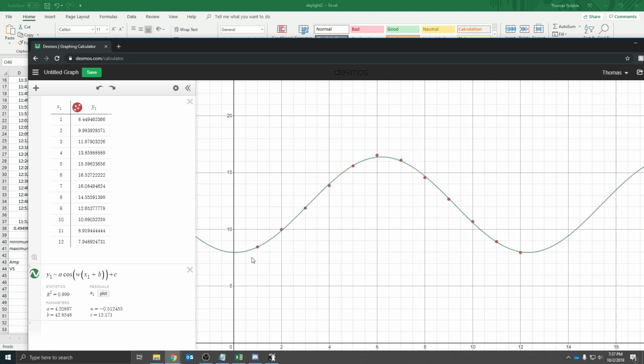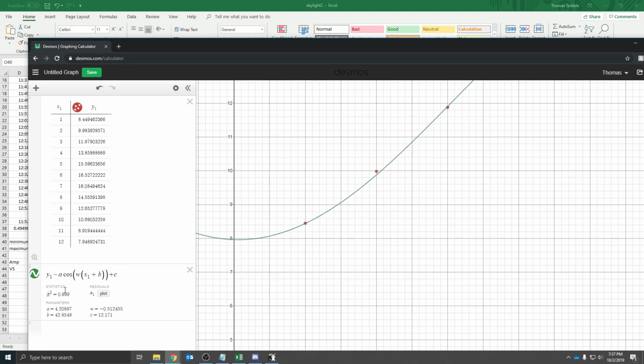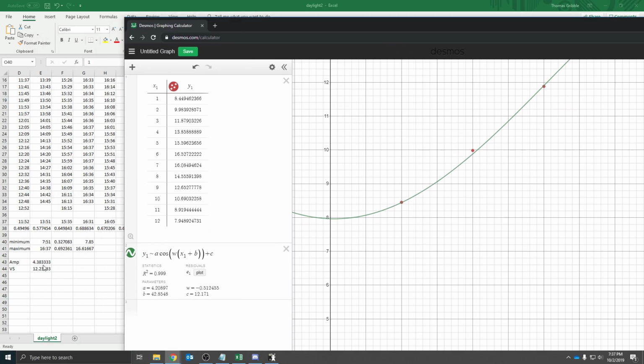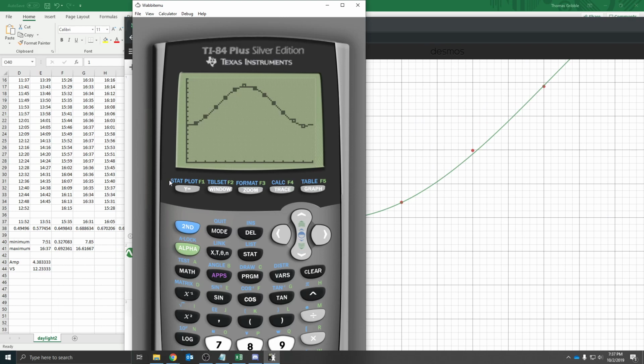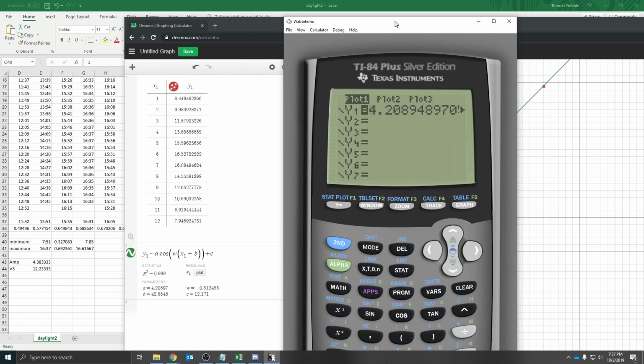So according to my sinusoidal regression here on Desmos, the amplitude is 4.2. So remember 4.38, and the calculator had told us it was 4.208. So it looks like we're using pretty similar methods here. Our B value, which is our phase shift, is going to look different because the way we have this formatted, the omega is factored out, whereas this omega is multiplied in.